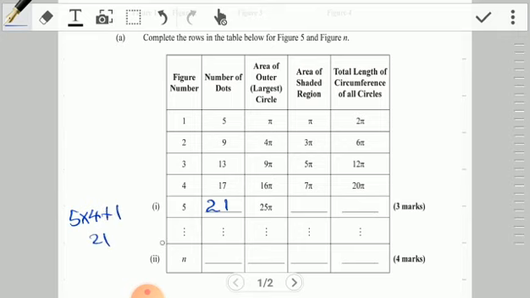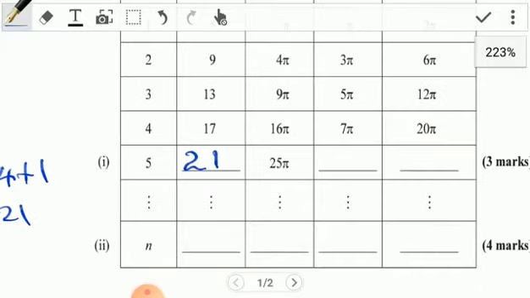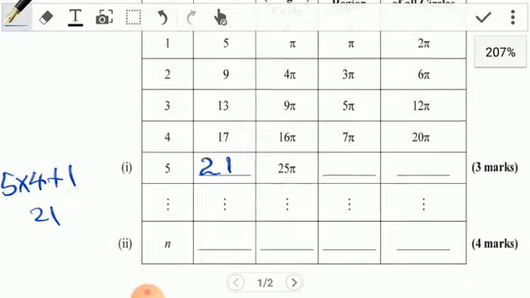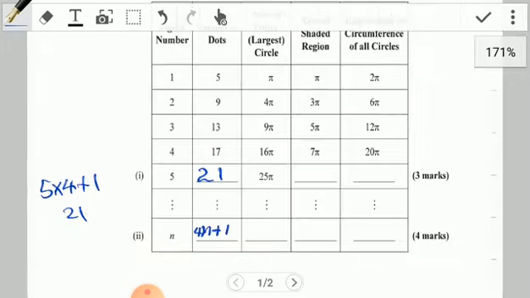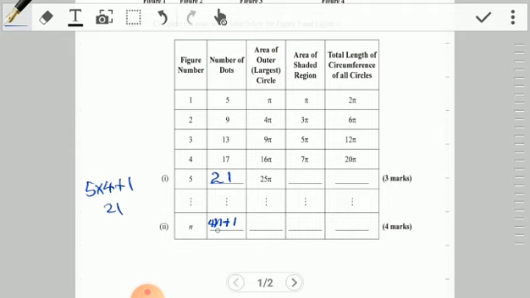So for the column down here, looking at n, it's 4 times n, and we're adding 1 to that. So 4n plus 1 for a figure called n. Let's go to the next column.